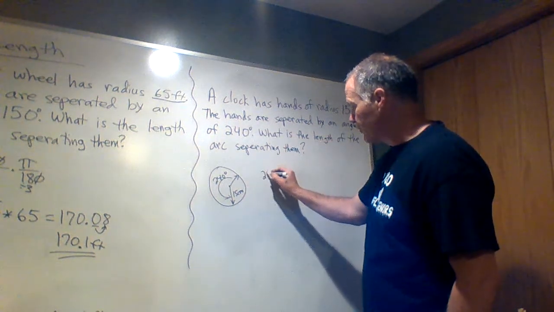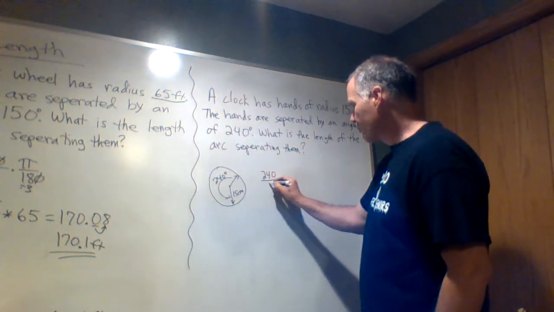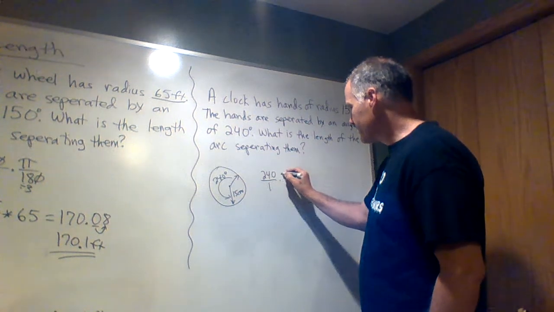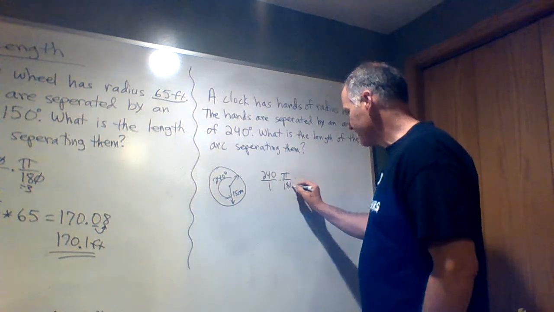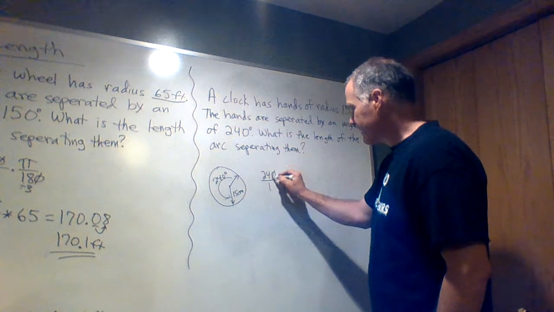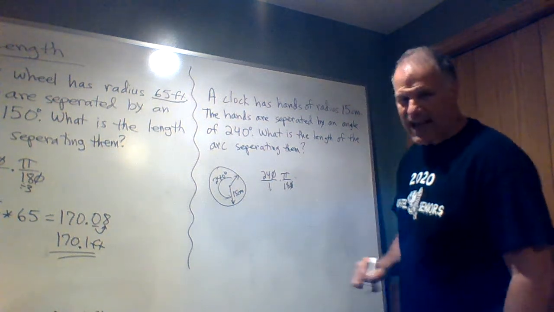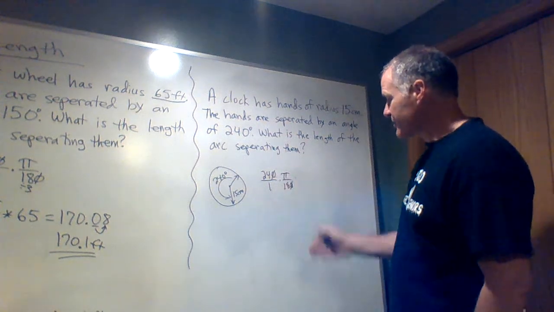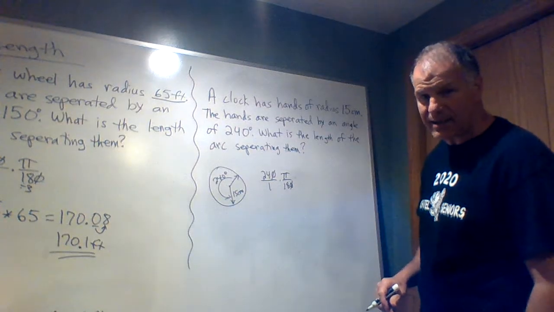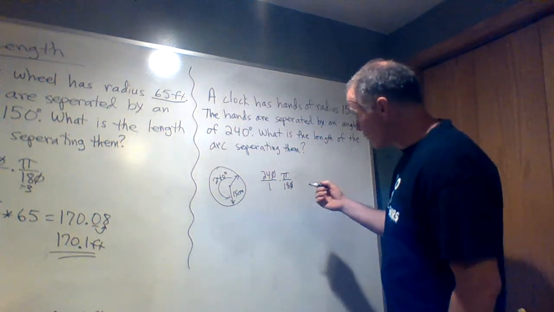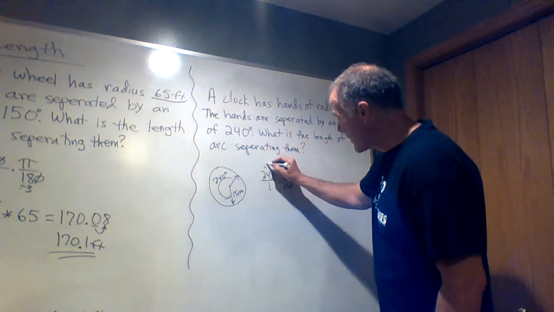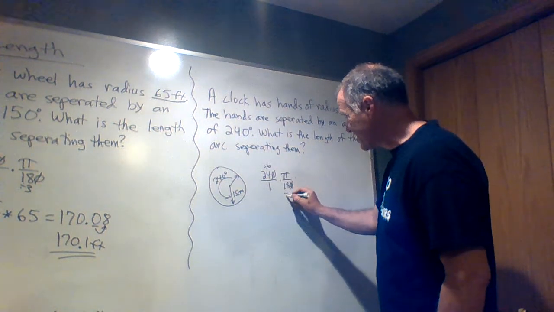So we're saying 240 over 1 times pi over 180. I'm giving you ones that aren't that hard, because they have the 0, so cross off the 0. Now 24 and 18. What's the biggest number that goes into 24 and 18? If you pick the biggest one, it makes it go faster.